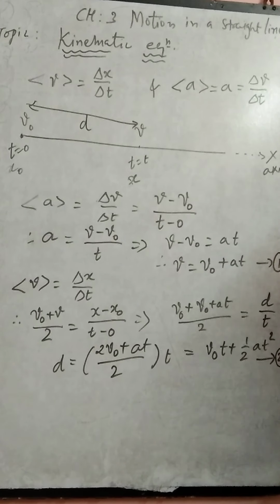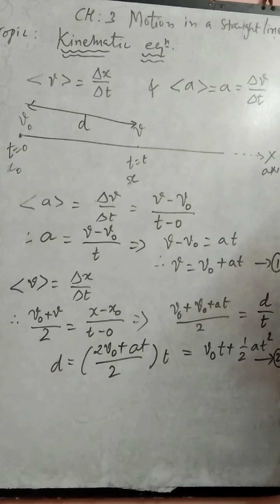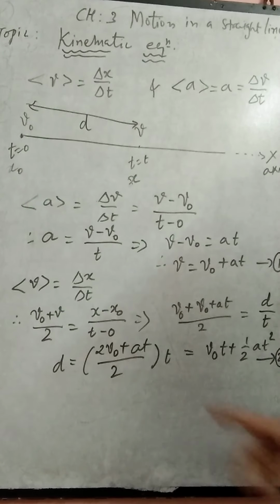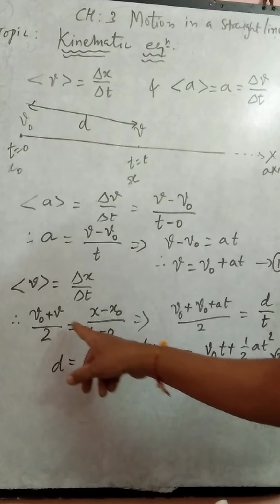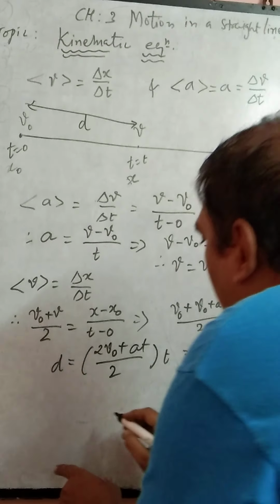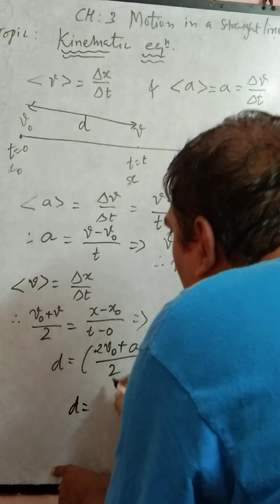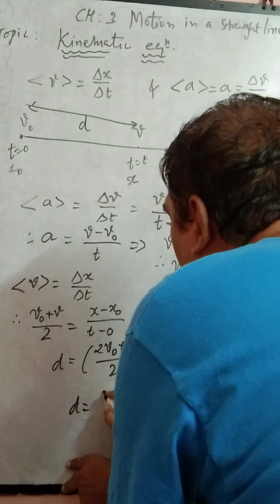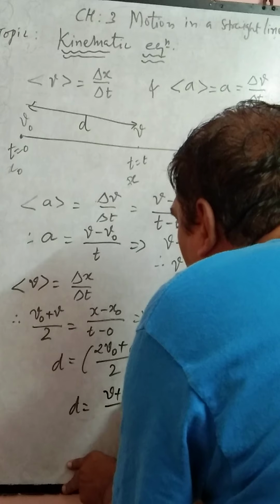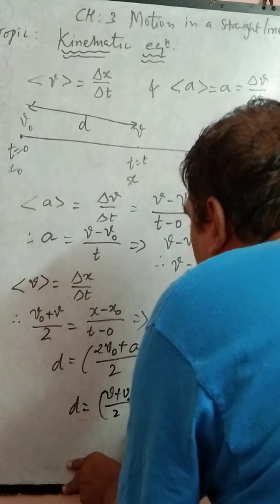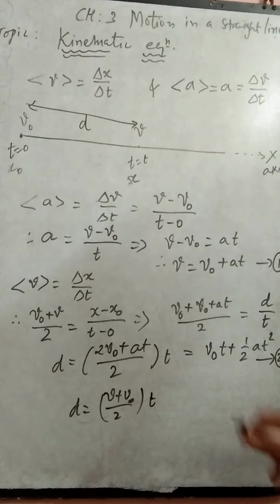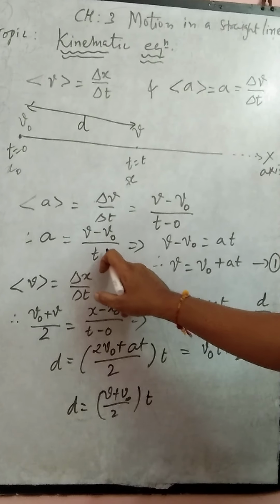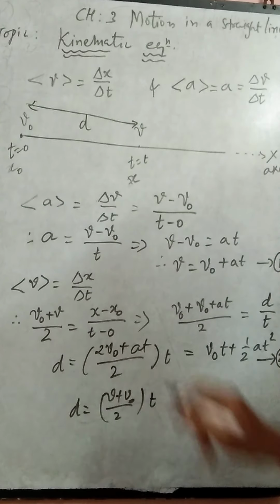Now the third equation we obtain from the earlier expression itself, where d is equal to v plus v naught by 2 into t. From equation number 1, in the derivation of which we used a equal to v minus v naught by t, t is equal to v minus v naught upon a.